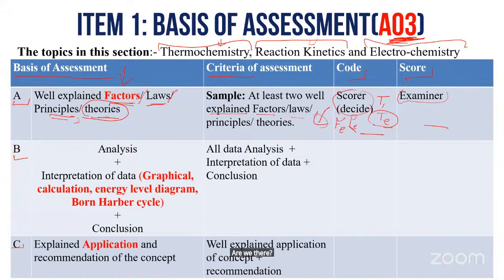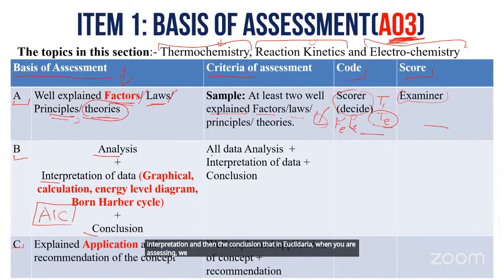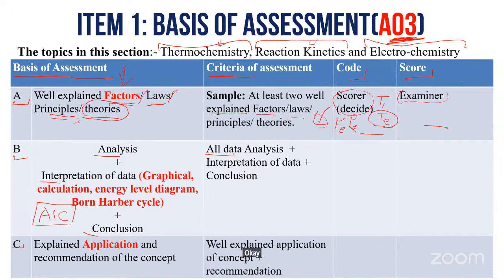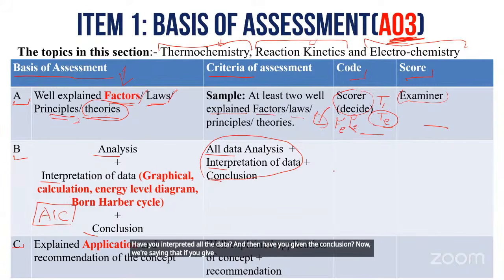Now, after that, there is this part for analysis, interpretation, and then the conclusion, AIC. And in the criteria, when you're assessing, we see: have you analyzed all the data? Have you interpreted all the data? And then have you given the conclusion? Now we're saying that if you give all this, you're able to get the maximum scores.